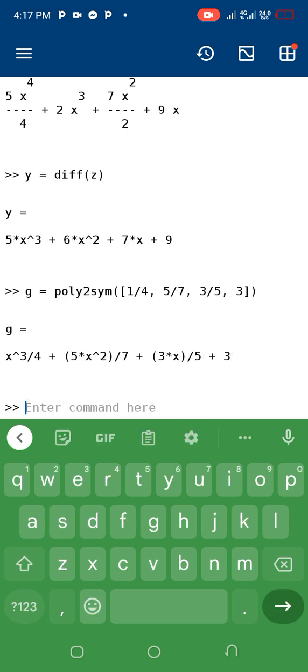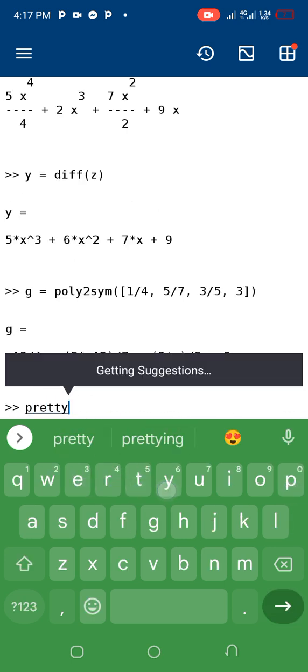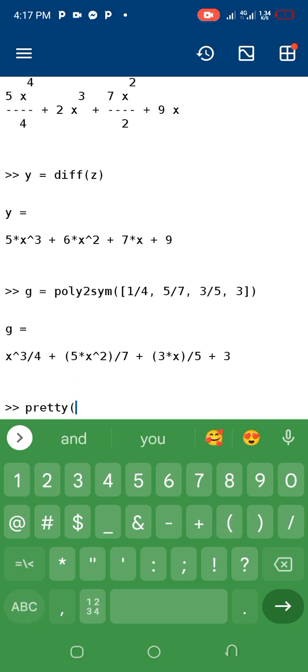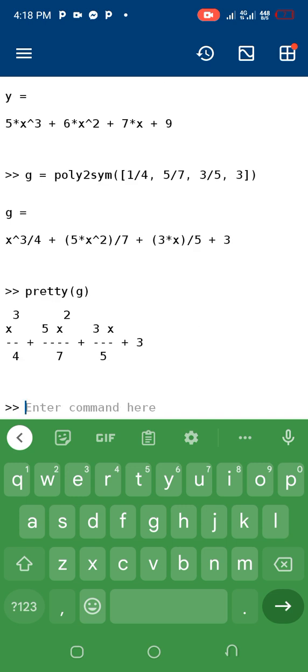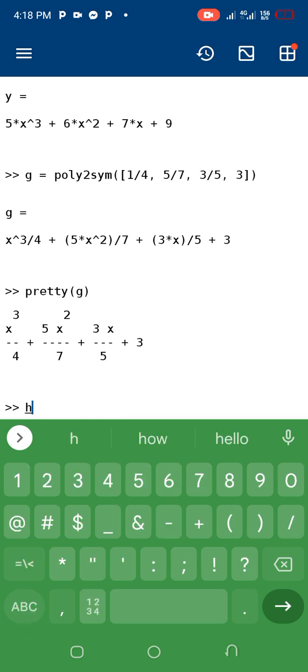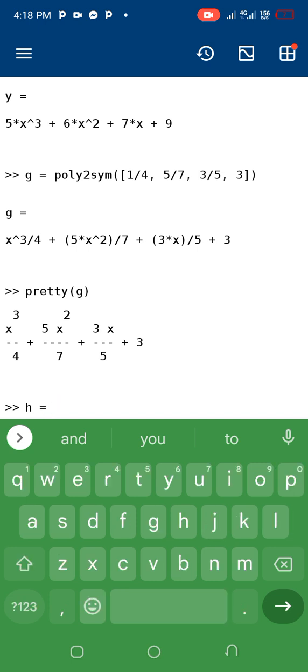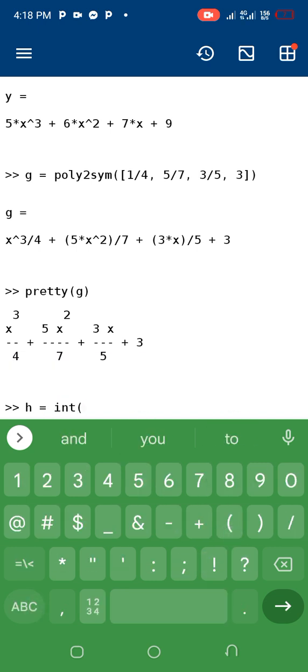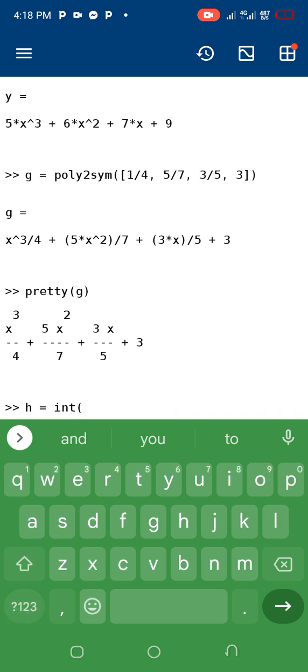So we look at this. Let's print it in a human readable form so that we see the polynomial clearly. So that is x cubed out of 4 plus 5x squared out of 7 plus 3x out of 5 plus 3. Now if I integrate this g so that I have maybe a function, for example, h, which is equal to the integral of g, okay, what happens?